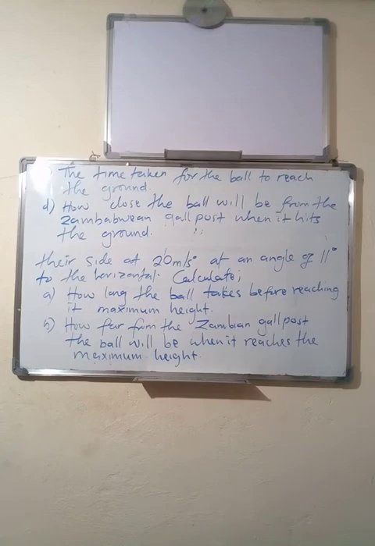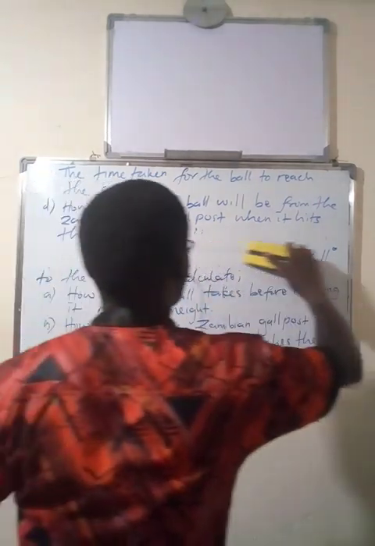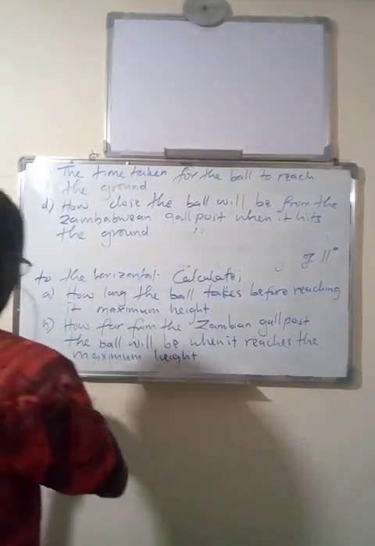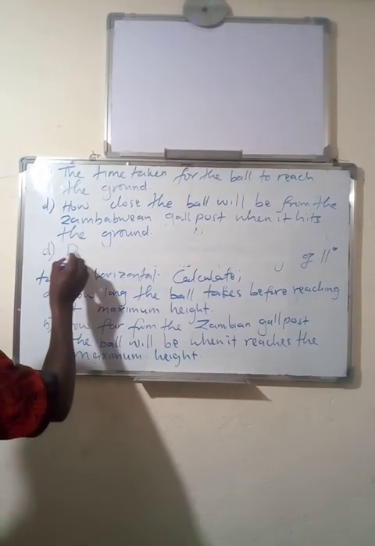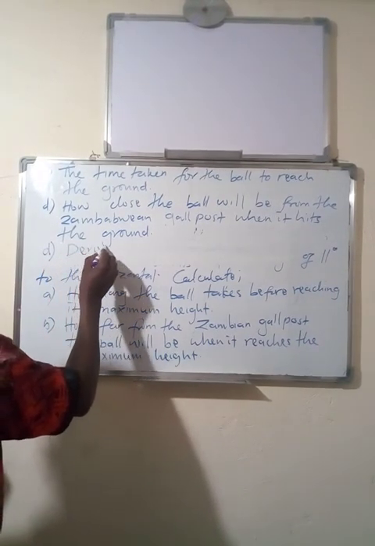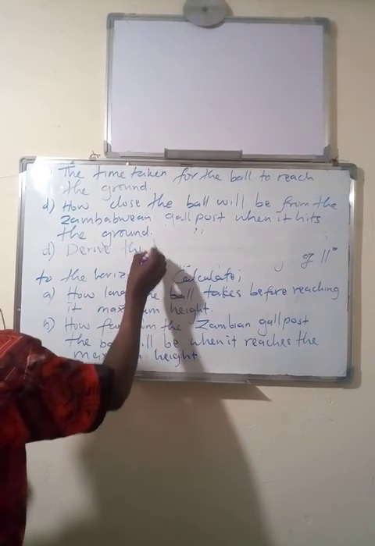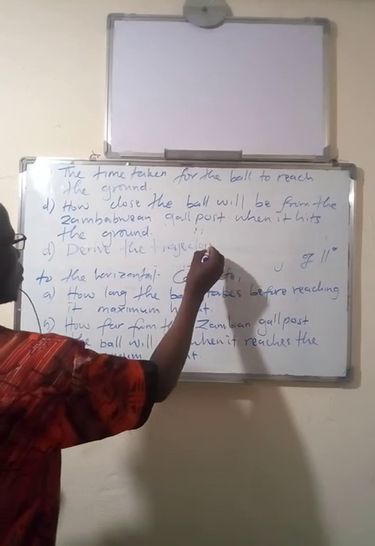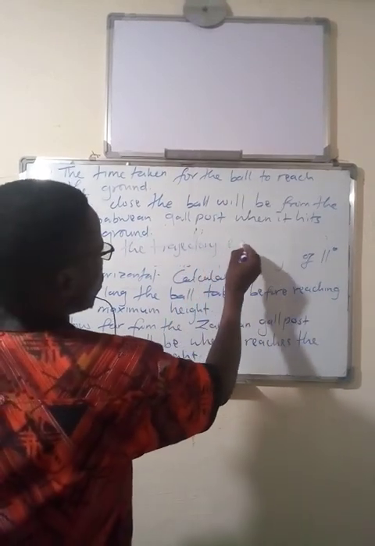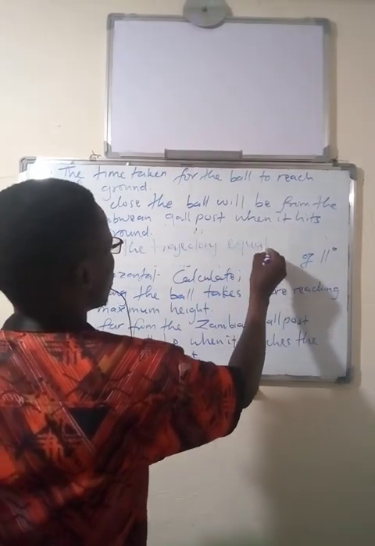So we're going to say, derive the trajectory equation for the ball.